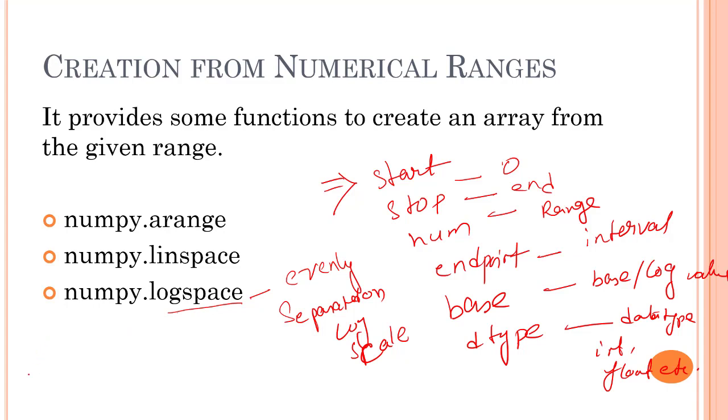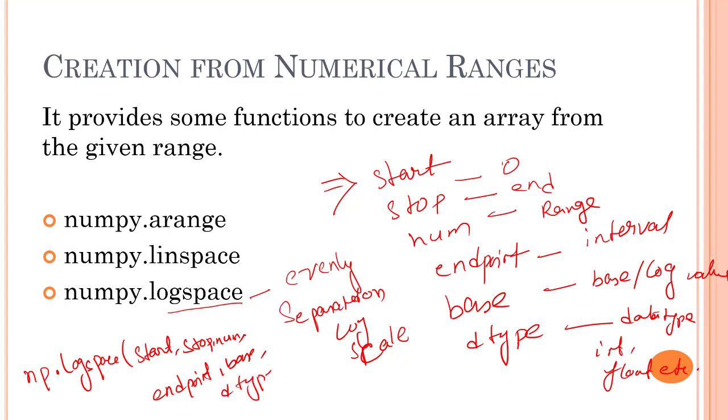Now the syntax of how we use it: np.logspace, and then start, stop, num, then endpoint, base and dtype. This is how you use the logspace method to create a numerical range.